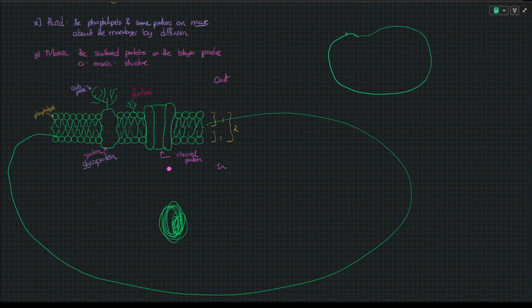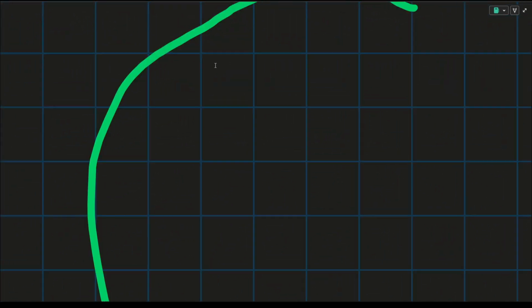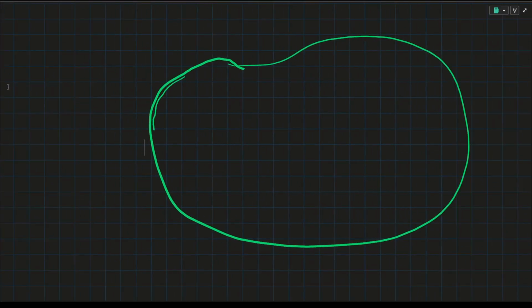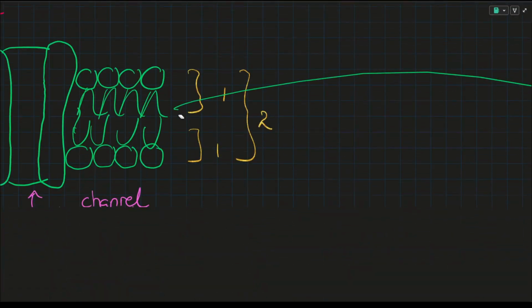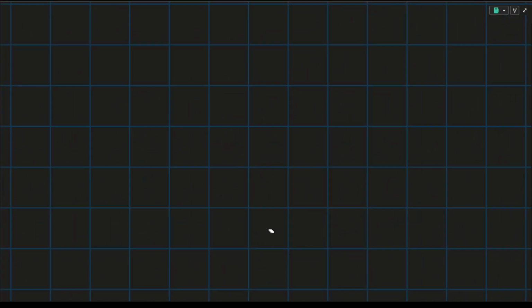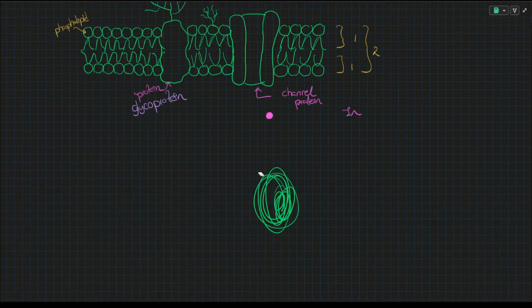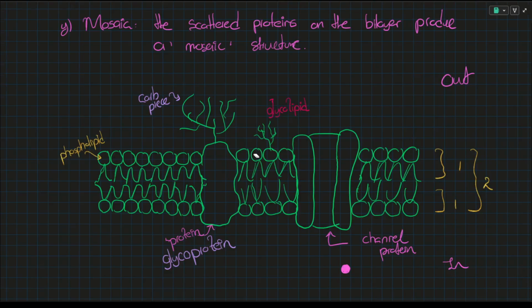But in reality, if you really zoom in, now we know it's a bilayer. We have two layers to it. I get rid of that and that, also that and that. Okay.